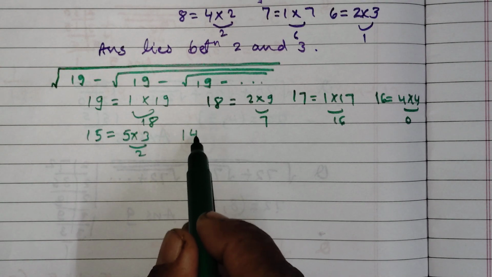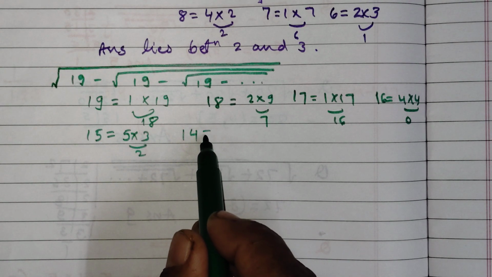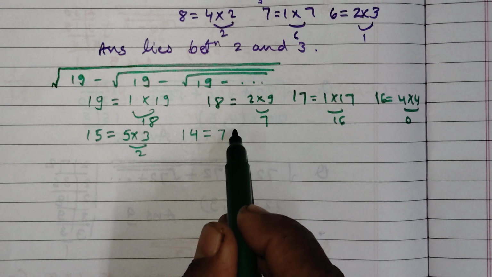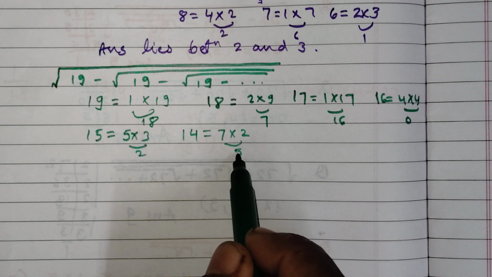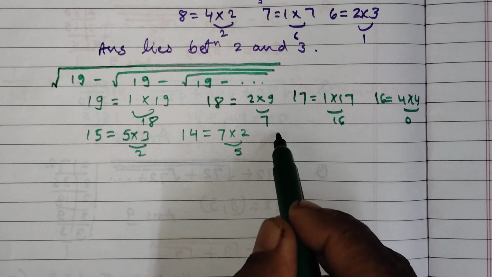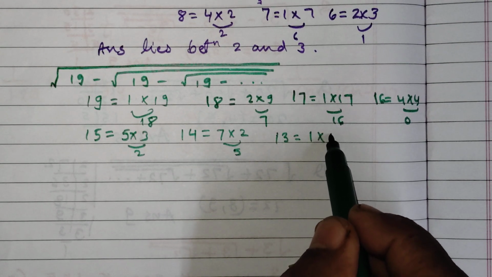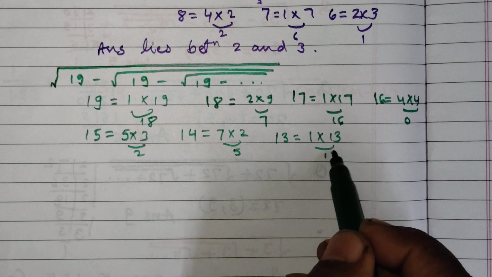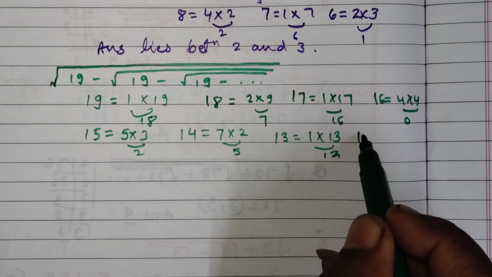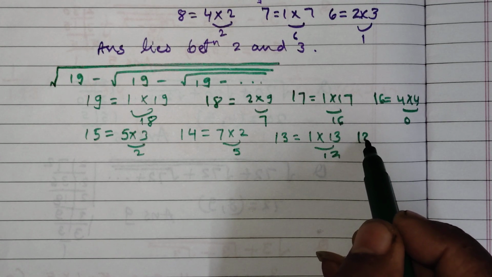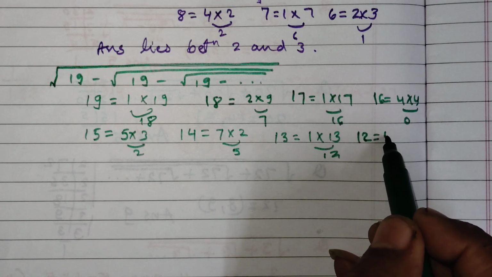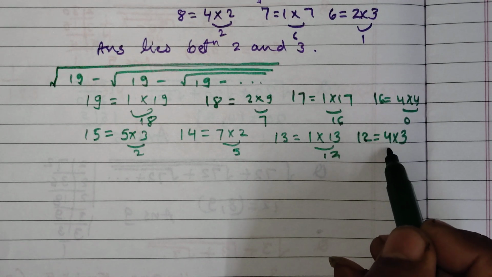Then 14, that means 7 and 2, a difference of 5. Next 13, factors 1 and 13, a difference of 12. Next we take 12, which has factors 4 and 3, a difference of 1.